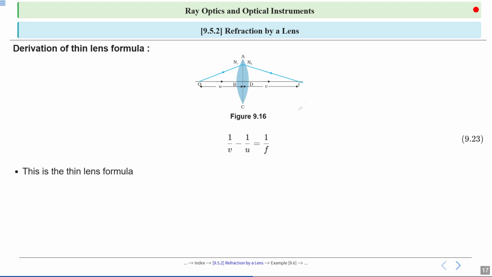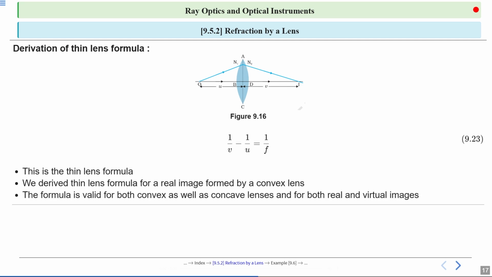We have derived the thin lens formula for a real image formed by a convex lens. We can also derive this formula using image formation by a concave lens. This formula is valid for both convex as well as concave lenses and both real and virtual images. It is applicable for all types of conditions. Only you have to take care about the sign conventions.